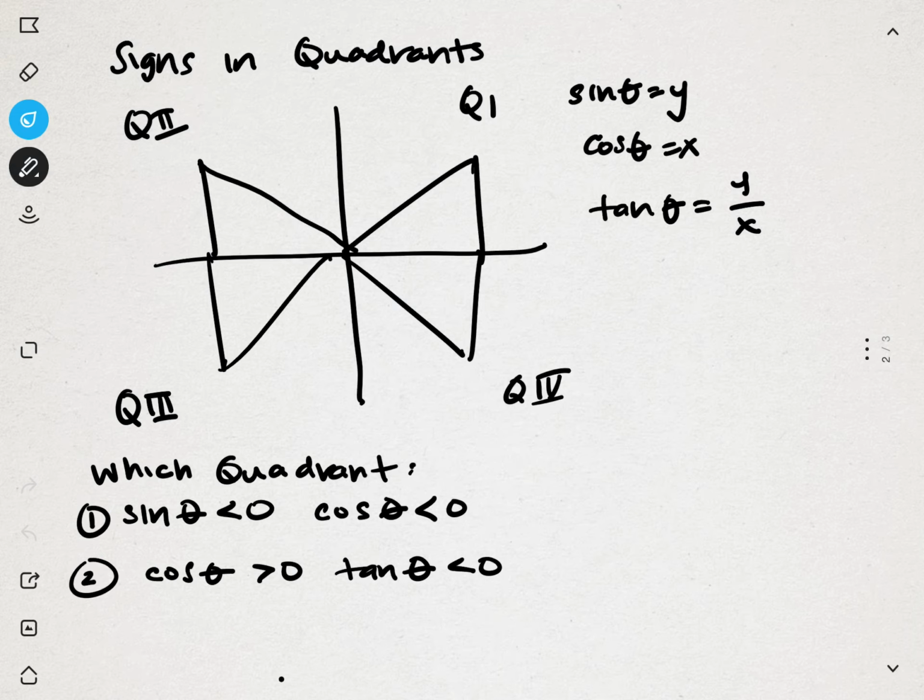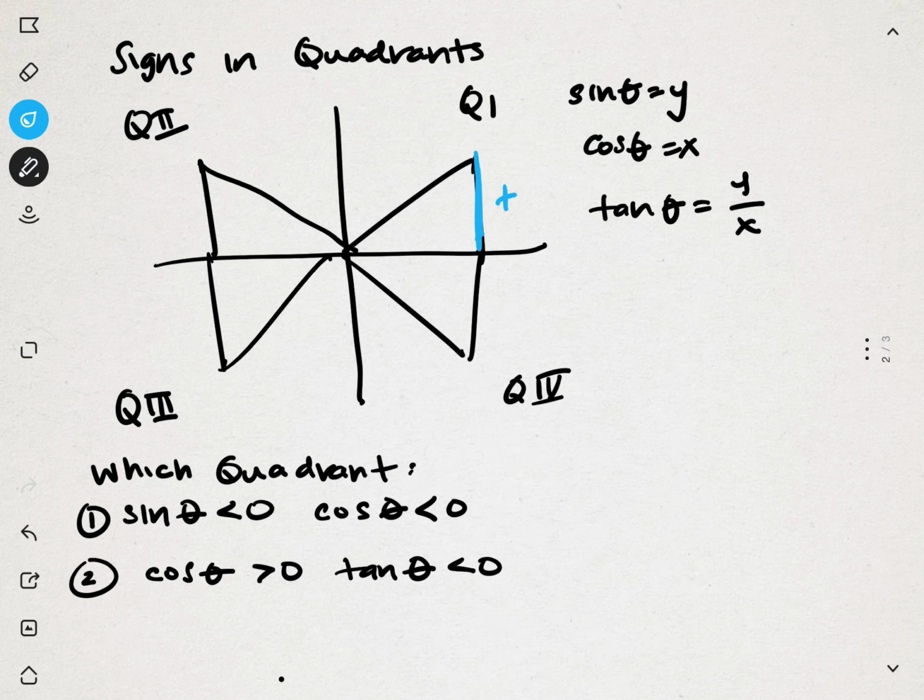Another semi-important thing is to find the signs in quadrants. So if we're looking at, I drew these 4 triangles, one for each quadrant. Now, remember, sine is the y, cosine is the x, and tangent is the y over x. So let's label these things. This side here is positive, right?